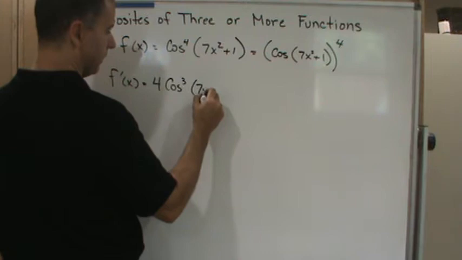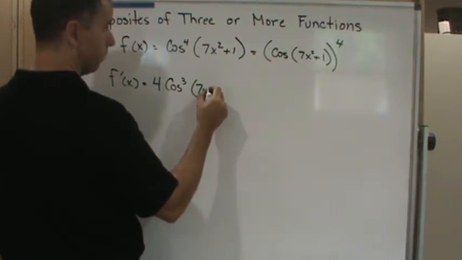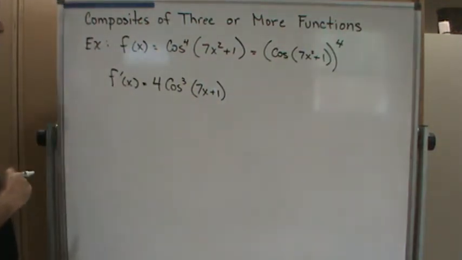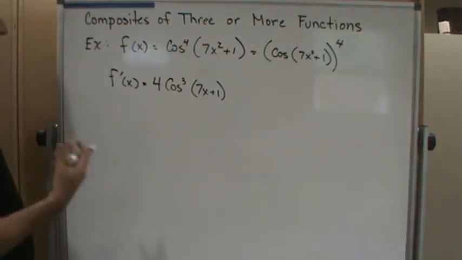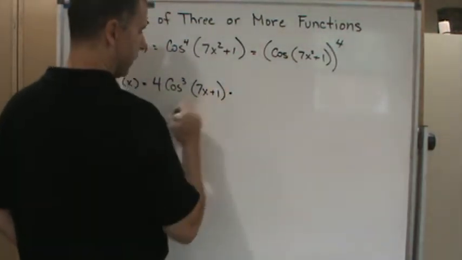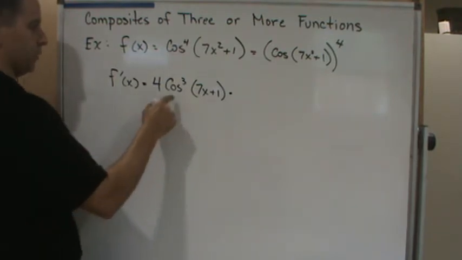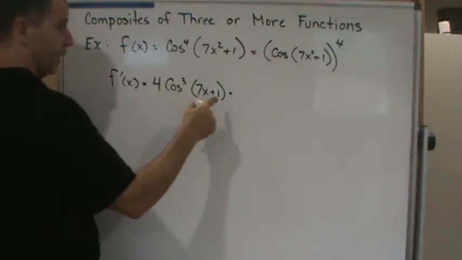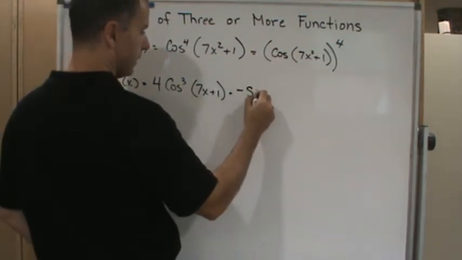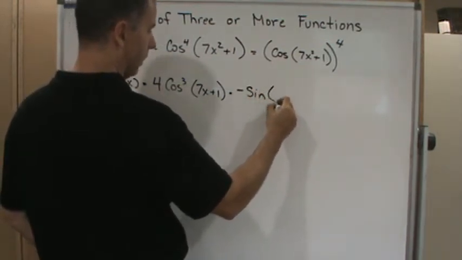So that's going to be 7x plus 1. Now, what's the next inside function? It's the cosine function. So now I'm going to multiply by the derivative of the inside, which is cosine. So what's the derivative of cosine? Negative sine of what?